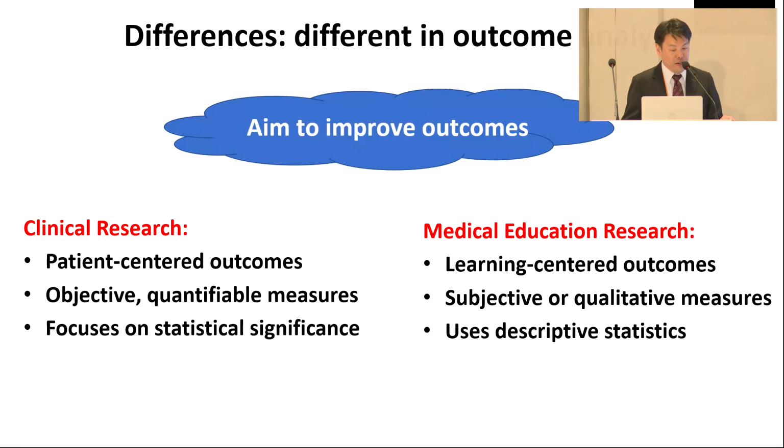In the clinical research, it's more objective and quantified measurements, whereas the medical education research is more subjective and maybe qualitative measurements. And finally, in clinical research, mostly are focused on statistical significance. But in medical education research, the majority may just be descriptive statistics. So this is the major difference in the outcome analysis.